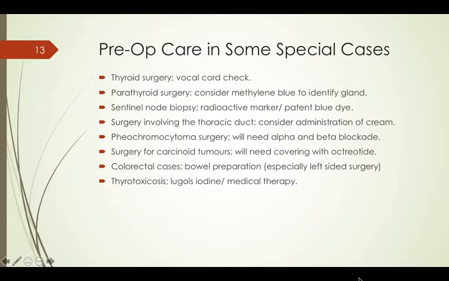Carcinoid tumours, it's to do with serotonin, and we can get a carcinoid crisis, often when you manipulate the carcinoid tumour, often found in the appendix. So we cover with a somatostatin analogue known as octreotide. Colorectal patients, bowel prep, with enemas and things that patients often do a couple of days before the surgery.